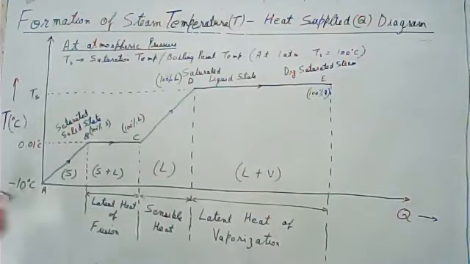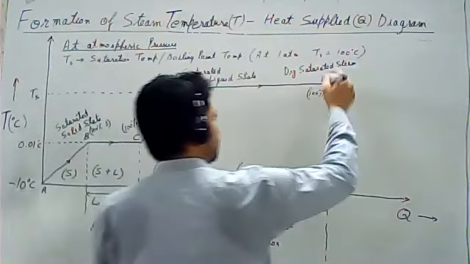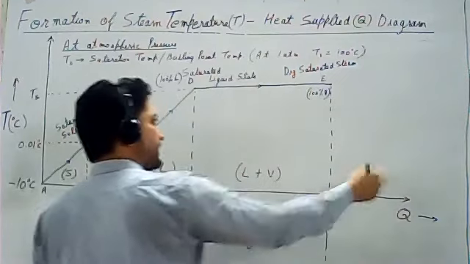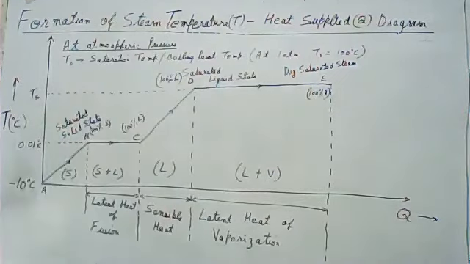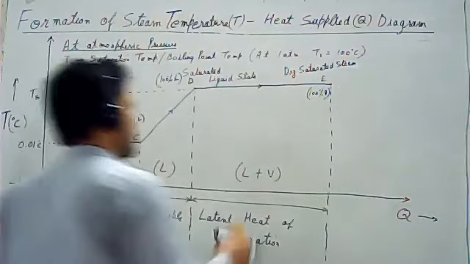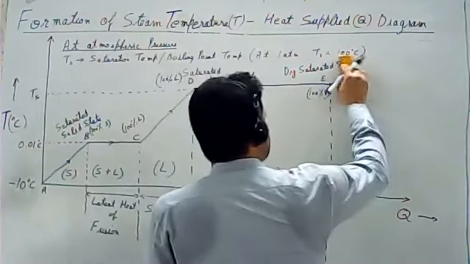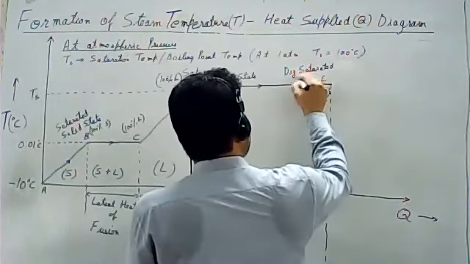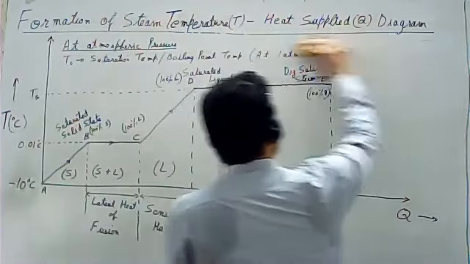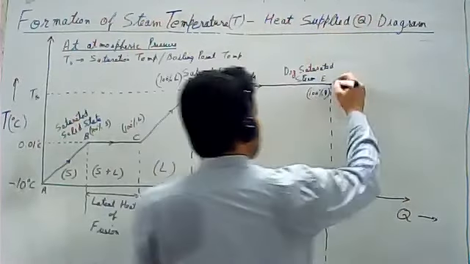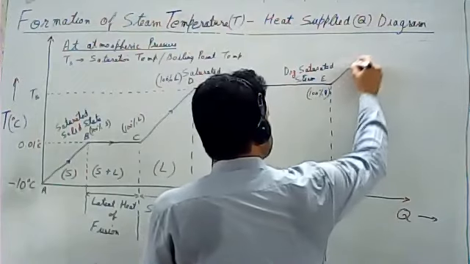Now beyond this point E, if I still provide heat, what will happen? Because it is dry saturated steam, if I provide heat, the temperature of the steam will increase, and I will move into a region.